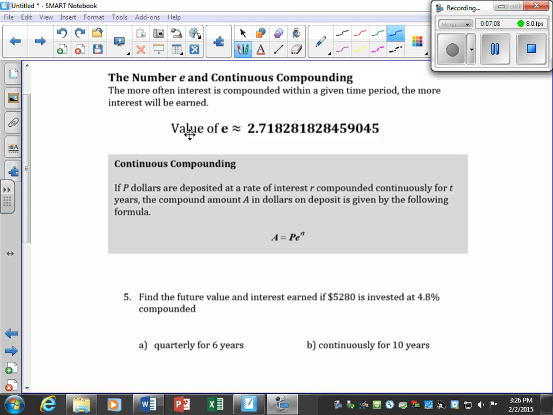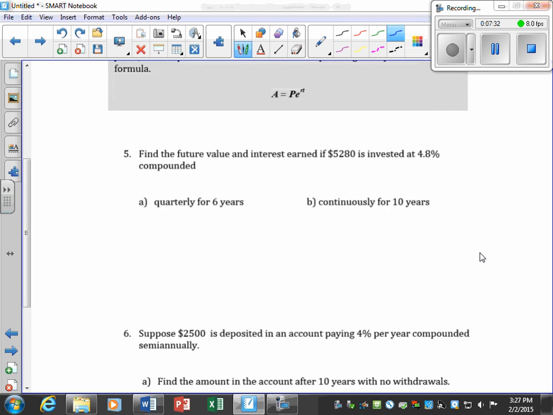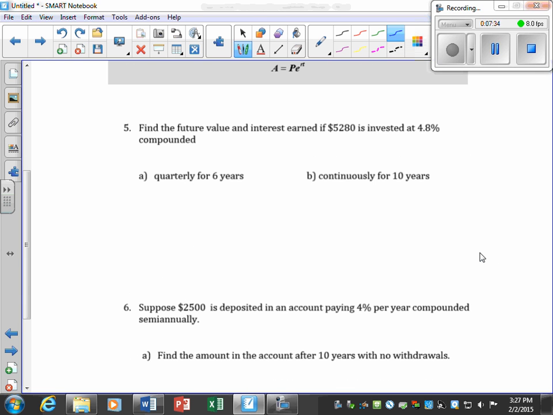But before we start, we're going to look at this value of E. If in your calculator you hit E, or maybe even E to the first power, you're going to get this long decimal value. It's approximately 2.72. So we use that when we have a continuous compounding, something that compounds over and over and over again. So let's see how this formula plays out with our investment.